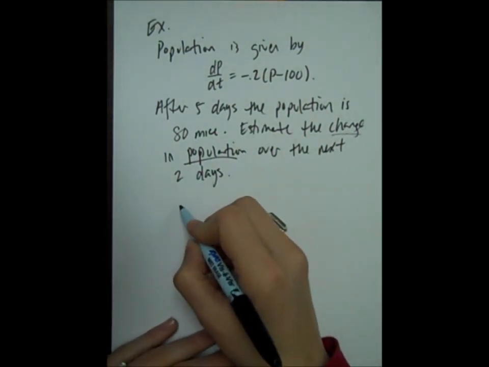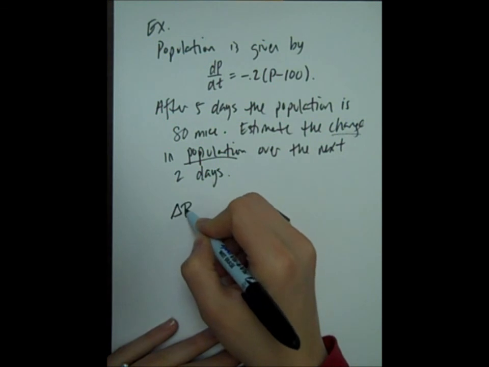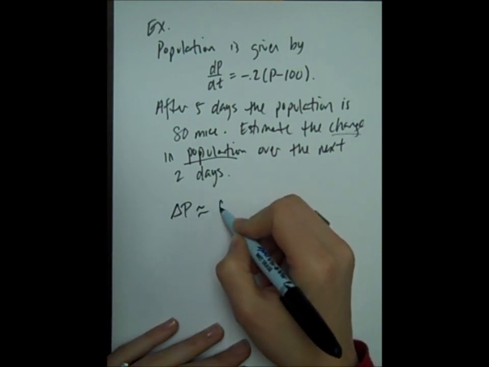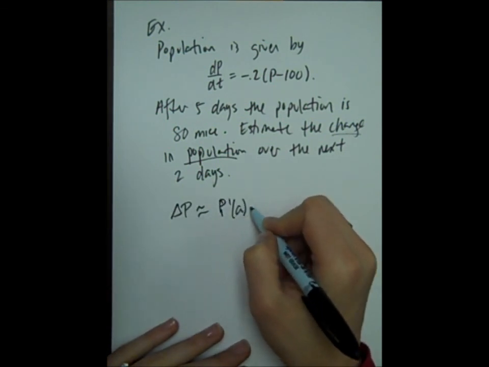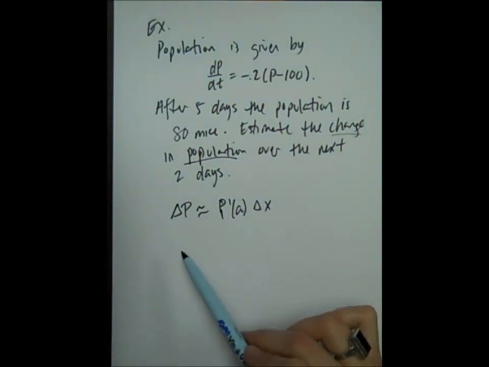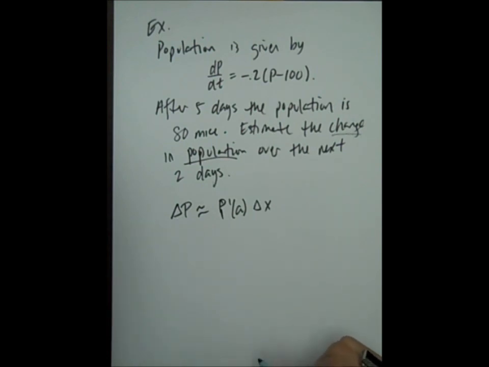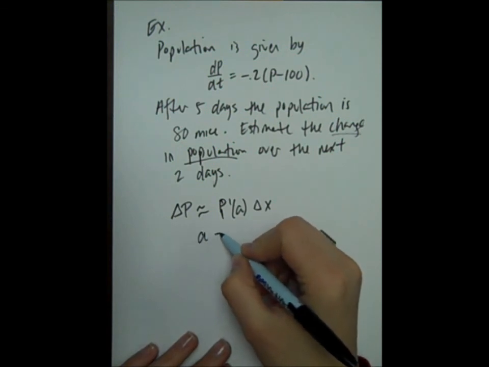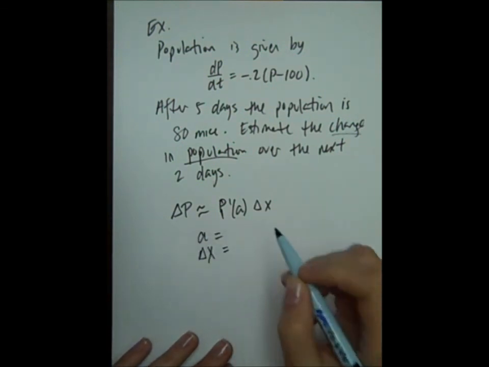So what we want to use is that the change in the population is approximately the derivative times the change in x. So same function, only difference here is that our function is p, not f anymore. Okay, so we need to find an a value and I need a delta x.